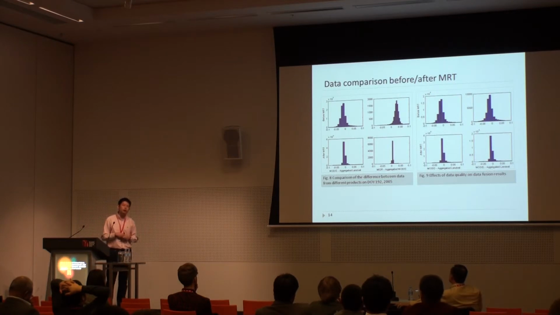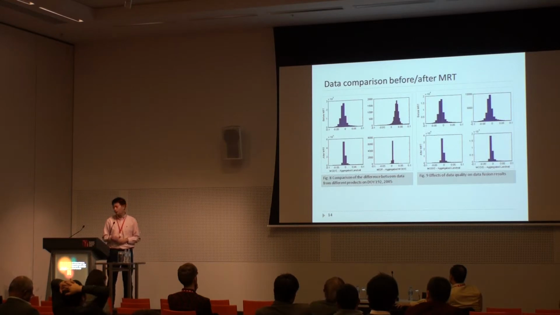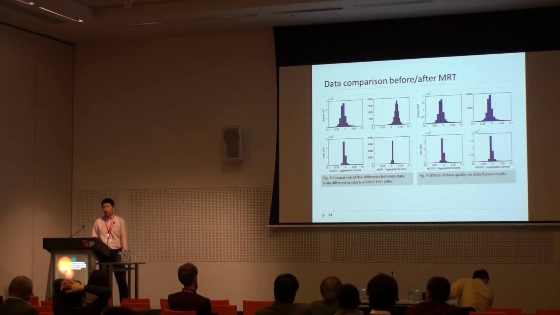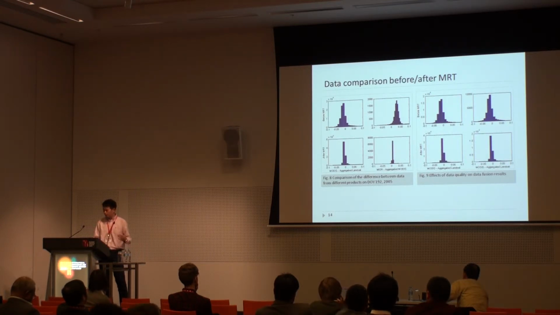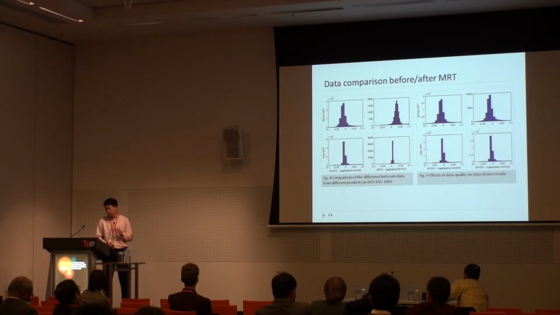And some people will say that data quality may play a factor in the data fusion, but if we divide the MODIS products into best quality and other qualities, we can see in the right figures not too much difference, but slightly larger RMSE can be seen from using bad quality data. But in terms of data quality, different products have different criteria in separating different qualities. So in our study, we will not use those data quality information.